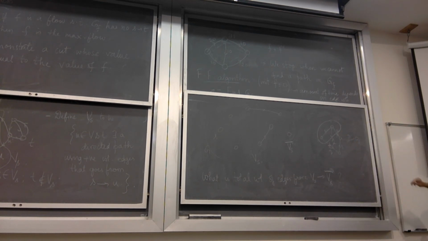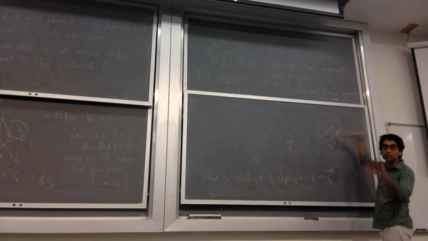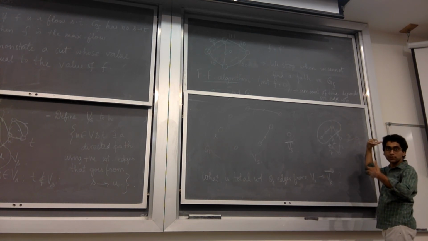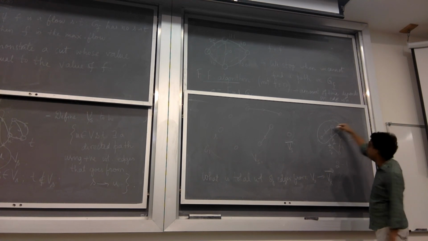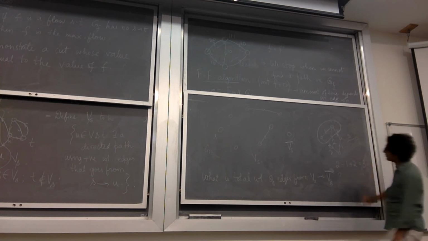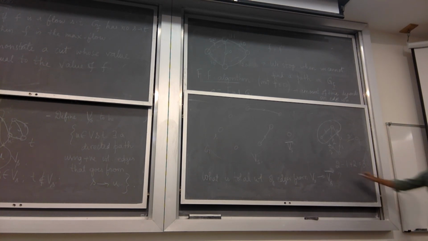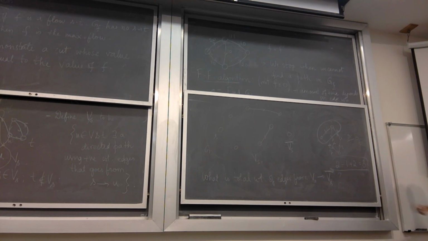These are the edges that go from this set of vertices outside. And what is the net outward flow? You've got 2 minus 1, because there's an inward flow, plus 2, which is 3. And this is the value of the flow that goes from S.